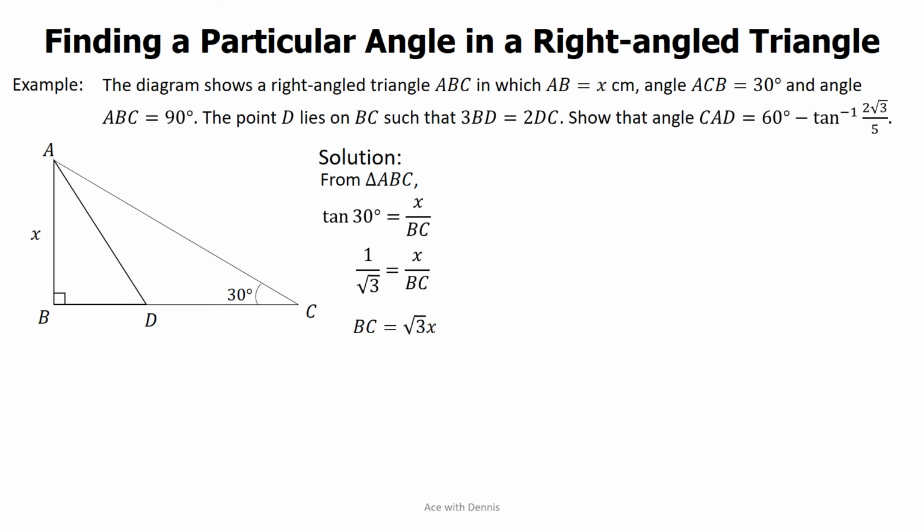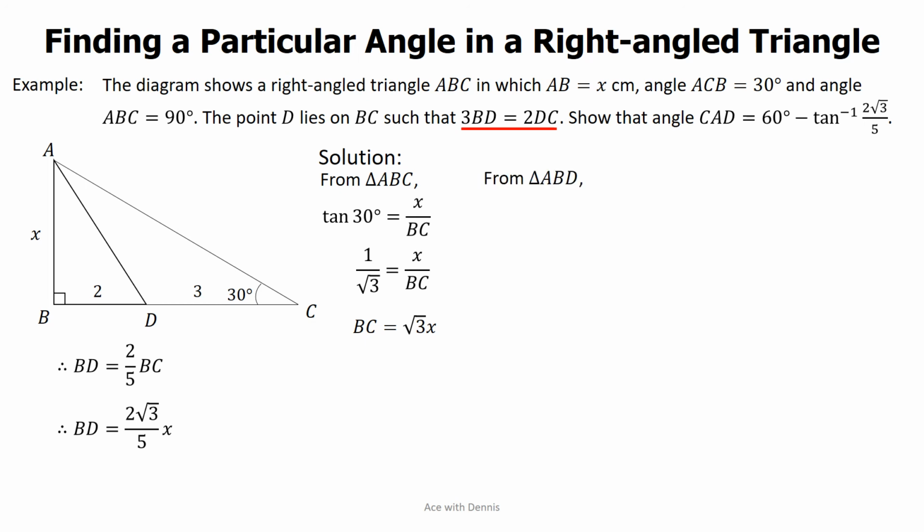Therefore, BC will be root 3 x. Then, given that 3BD equals 2DC, in other words BD is 2 units and DC is 3 units. Therefore, BD is 2 over 5 of BC. And we know that BC is root 3 x, so BD is 2 root 3 over 5 x.